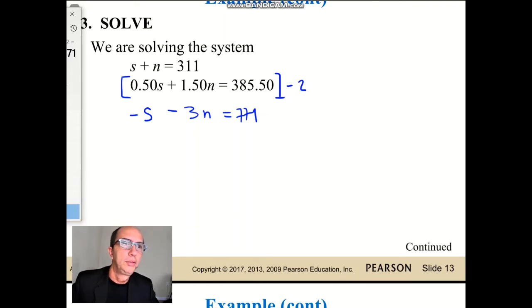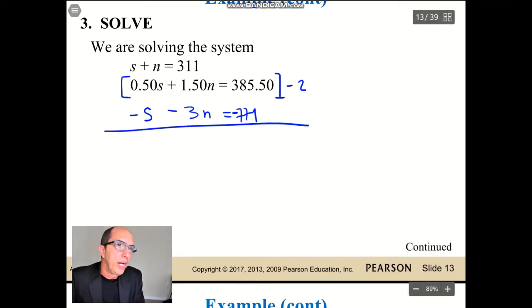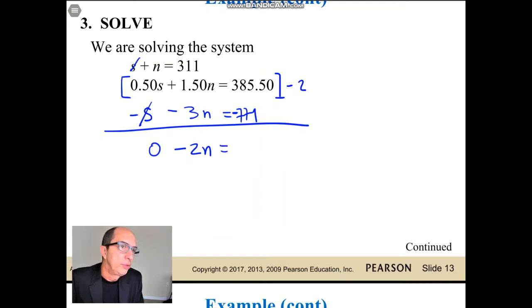Great, I'm still doing correct calculations. Okay, add both equations: s minus s is 0, n minus 3n is -2n, and 311 minus 771 is going to be -460, right?